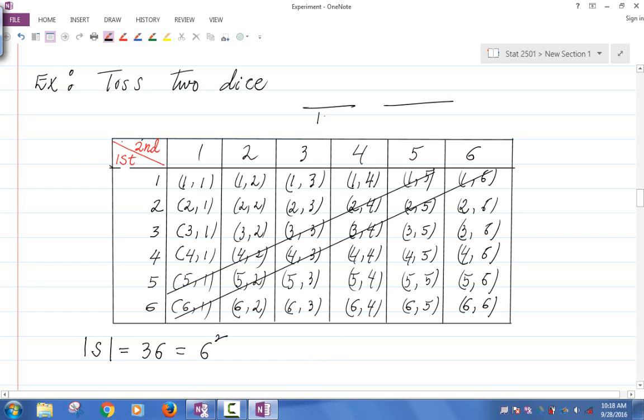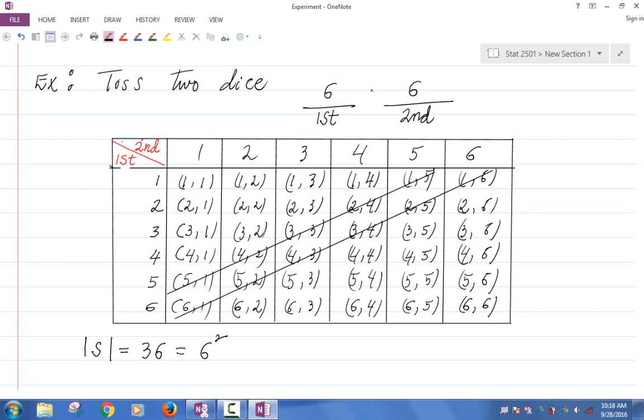So this is how many outcomes can I get from the first die, and how many can I get from the second one? Well, there are 6 possible results from tossing the first die, and 6 possible results from tossing the second. So there is a total of 36 outcomes if we toss 2 dice.